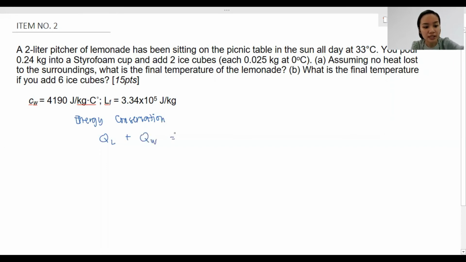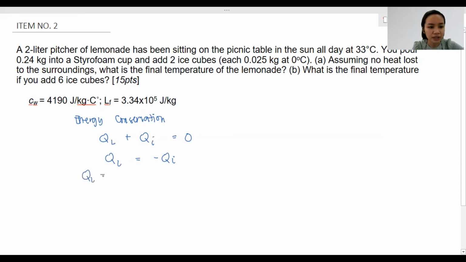I'm sorry, that's the heat of ice, not water. It's equal to 0, or QL is equal to negative QI, or pwedeng baliktad. Okay, and then here we are going to look for the final temperature of the lemonade.